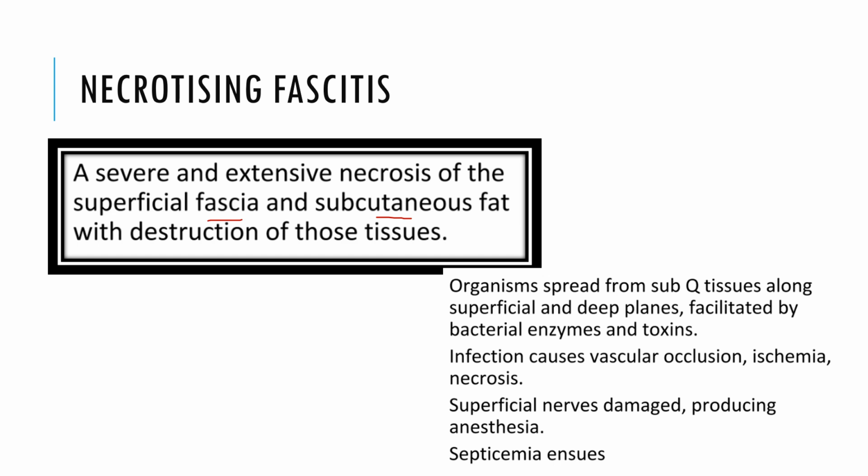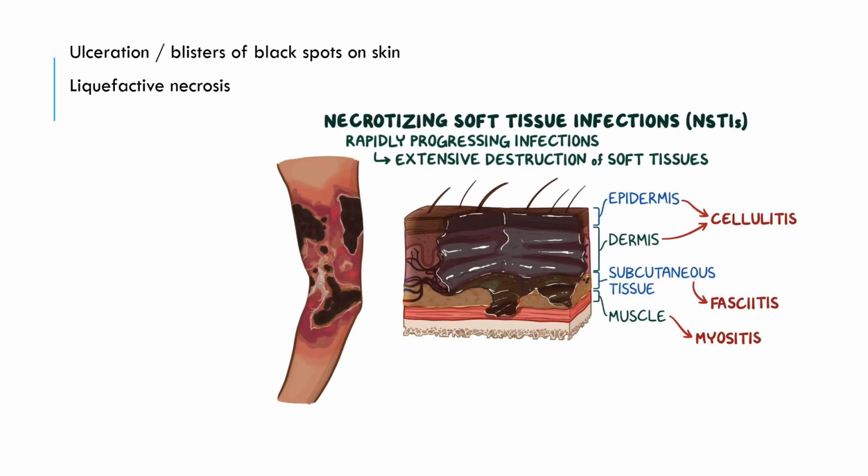The organisms spread initially from the subcutaneous tissue along the superficial as well as the deep plane, facilitated by bacterial enzyme and toxin. The infection can cause vascular occlusion, ischemia, and necrosis. The superficial nerves get damaged. They produce anesthesia. Then septicemia ensues.